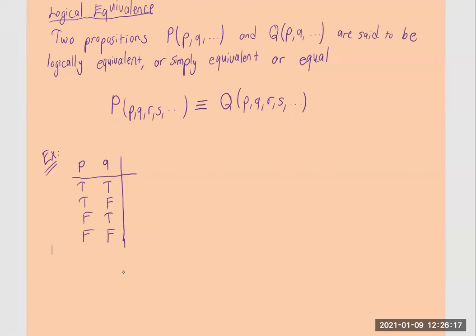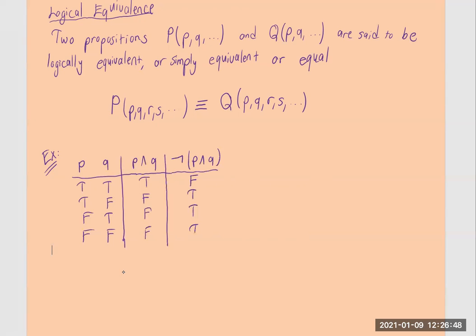And P and Q will have the truth table T, F, F, and F, and not P and Q, the reverse or inverse of that column, false, true, true, and true.